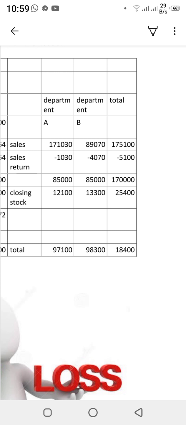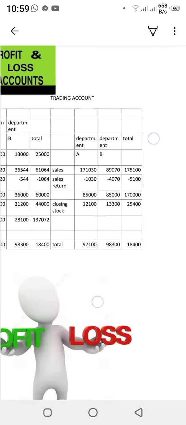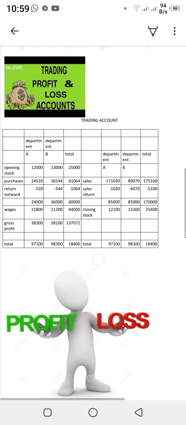It will be deducted and we will get net sales or net turnover. Closing stock will appear on the credit side of the trading account.